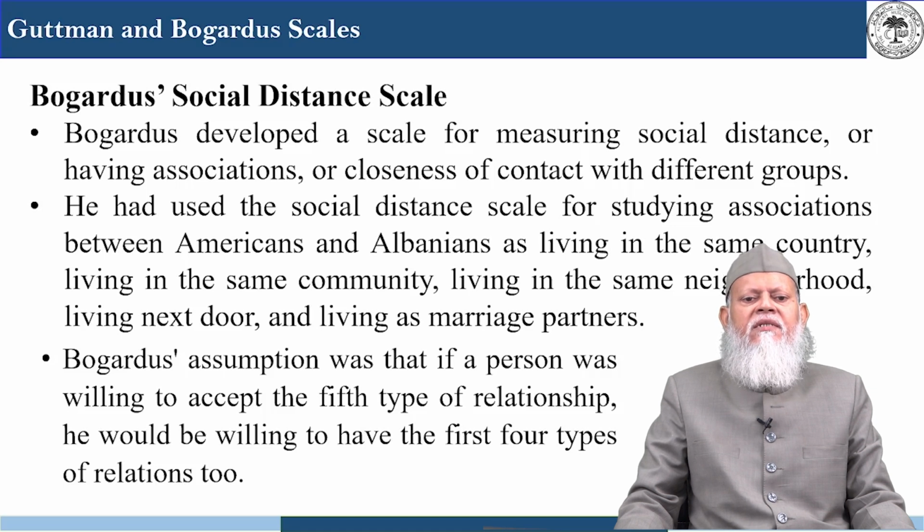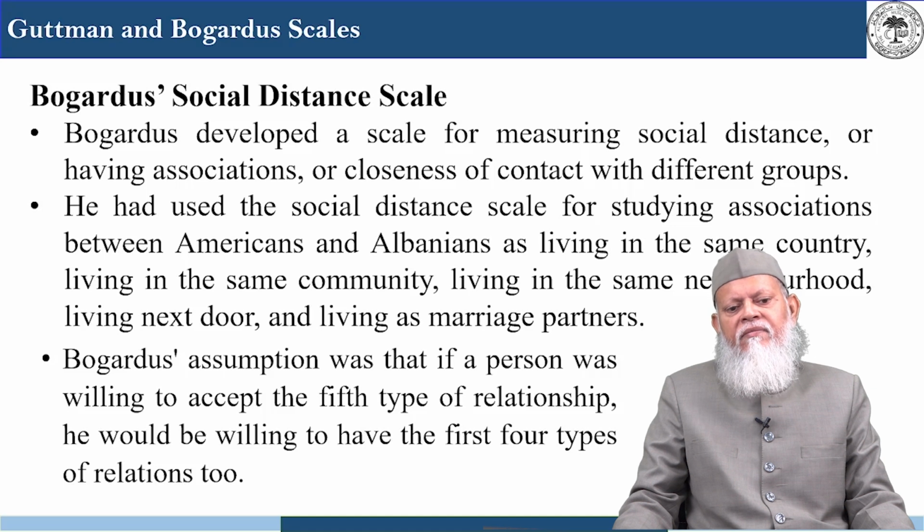What is this social distance scale? Bogardus developed a scale for measuring the social distance or having associations or closeness of contact with different groups. Bogardus had used the social distance scale for studying associations between Americans and Albanians as living in the same country, living in the same community, living in the same neighborhood, living next door, living as marriage partners.